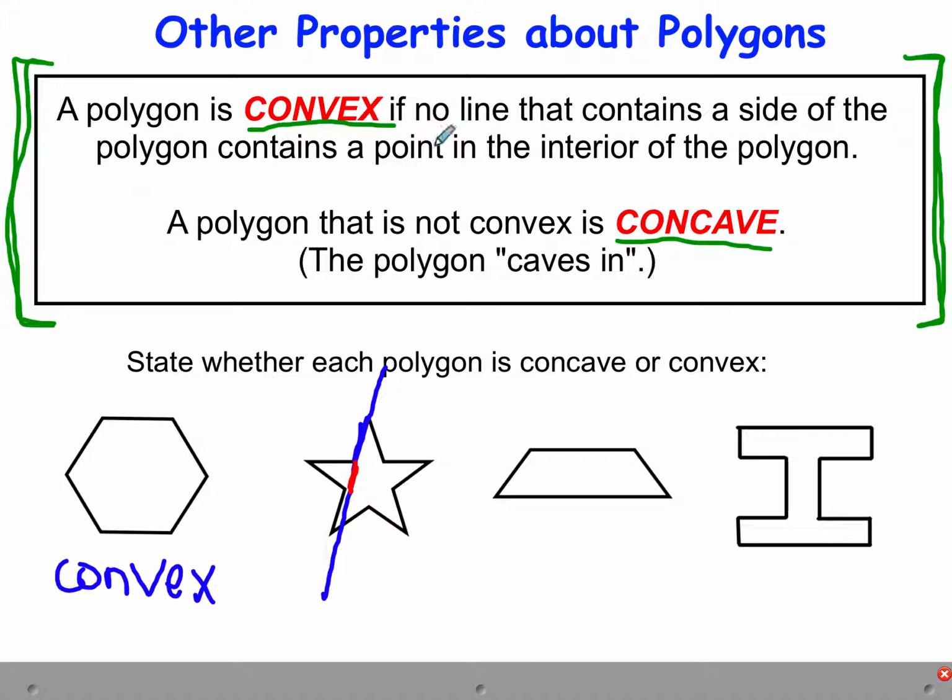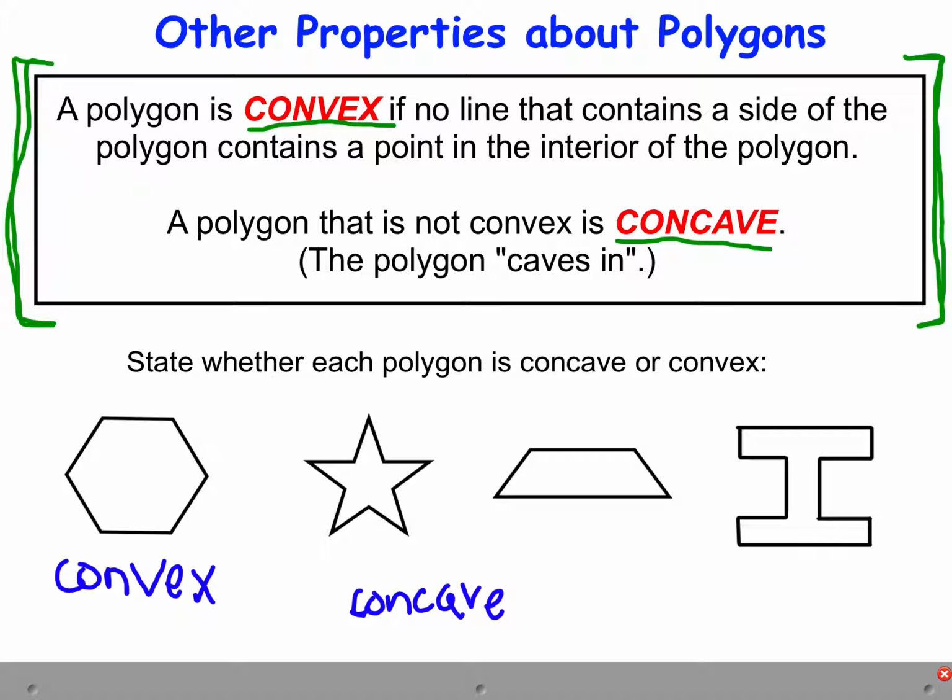So it is a polygon, but the sides of the polygon are part of lines that would go through the shape. So this is an example of a concave polygon, because you can look at the shape and see that it caves in. There are parts like here that poke into the shape, and because they do, we know the lines containing them are going to go through the shape like that.